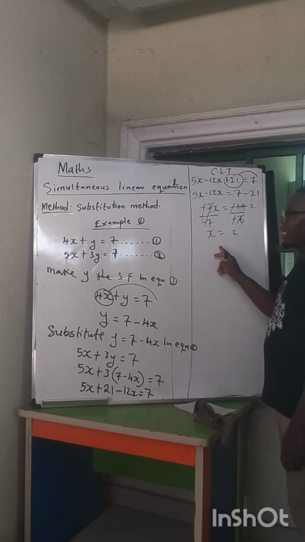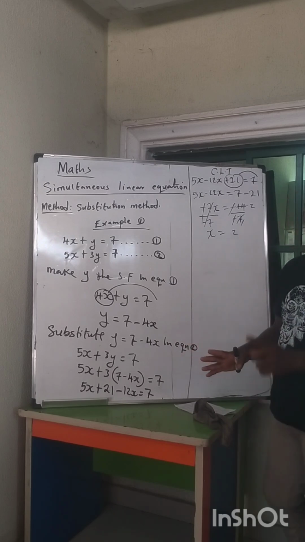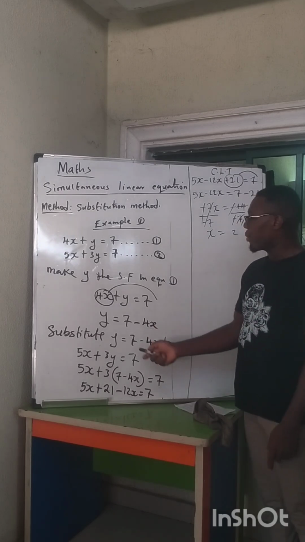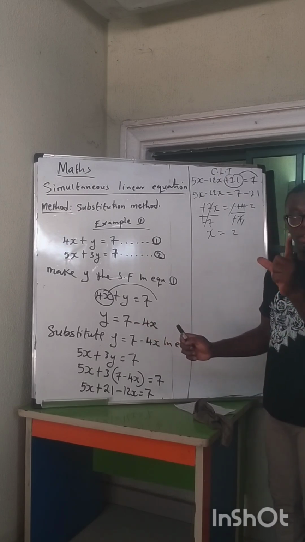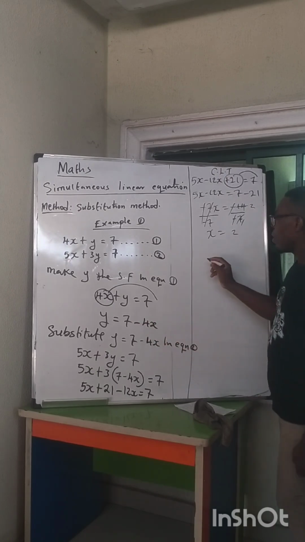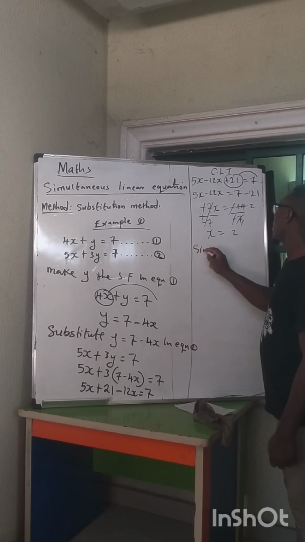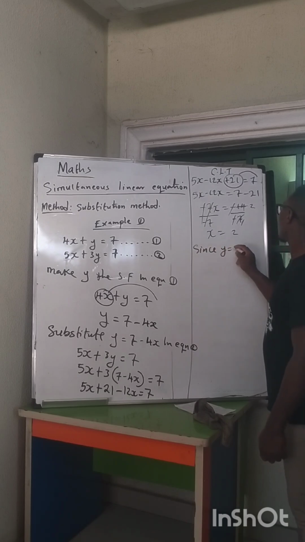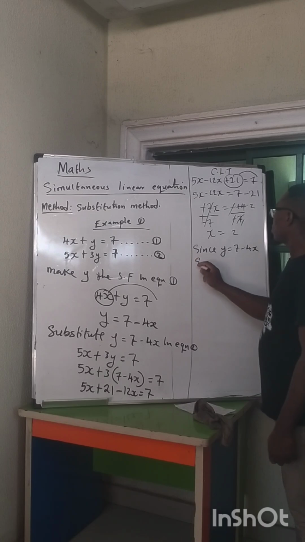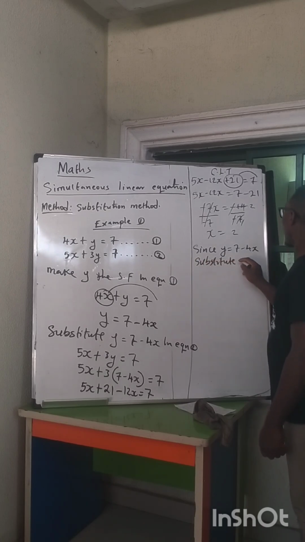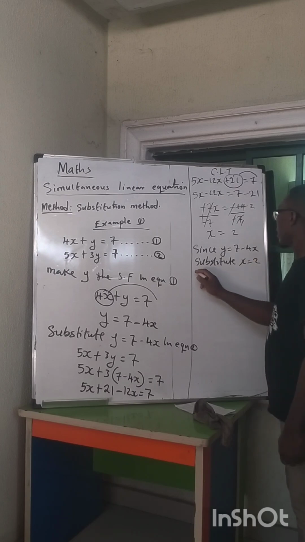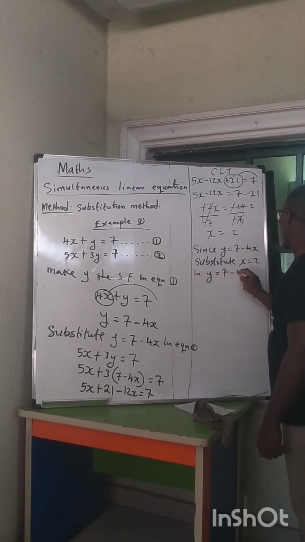Now it's time for us to actually find the real value of y. Remember, y is equal to this, but this is not the real value because we need just a number. So here we say that since y is equal to 7 minus 4x, therefore substitute x equal to 2 in y equal to 7 minus 4x.